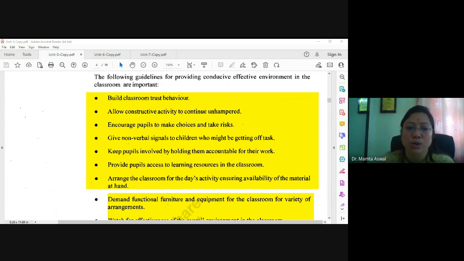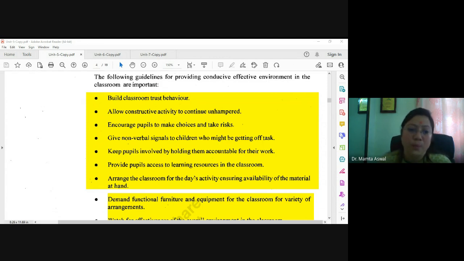So it means no, not to do that. These are the various non-verbal signals which can also be used inside the classroom, or you can take a round inside your classroom and go to that particular child who is not doing their work. So they will come to know that the sir or the madam is coming to me, I must take care of my work now.